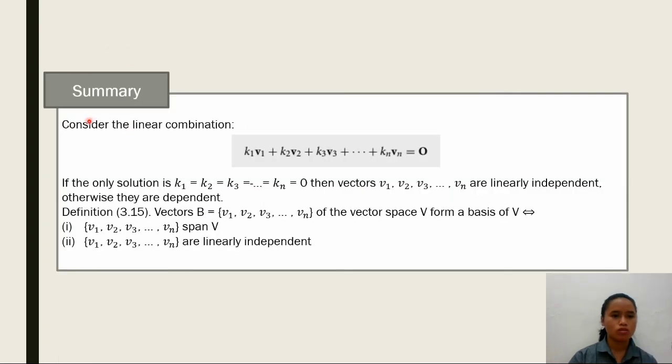Okay, the summary. Consider the linear combination. If the only solution is k1 until kn equal 0, then the vectors v1 until vn are linearly independent. Otherwise, they are dependent.